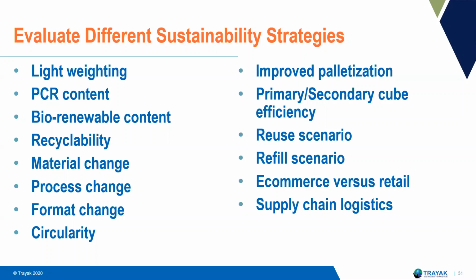You can also look at reuse scenarios and refill scenarios. And we have this new circularity index where you can look at your circularity score for each of your packages. And then you can also look at maybe an e-commerce or a retail scenario, and then include all of your supply chain logistics like transportation or sourcing something from a new supplier.